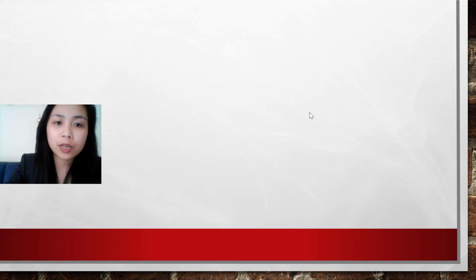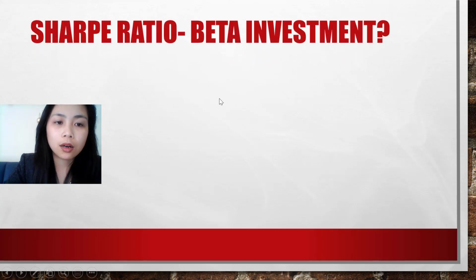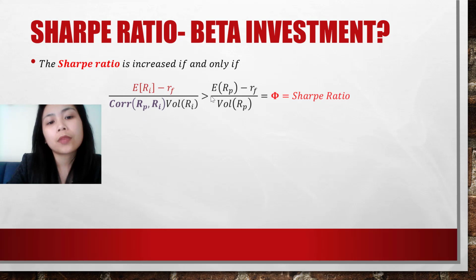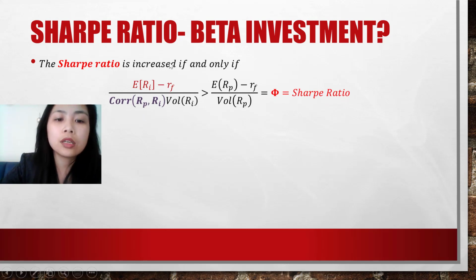Now we are going to make a connection between beta and Sharpe ratio. The Sharpe ratio is increased if and only if, here I use an inequality, the left-hand side is expected return of investment I subtract the risk-free rate RF over the correlation between RP and RI times the volatility of RI.